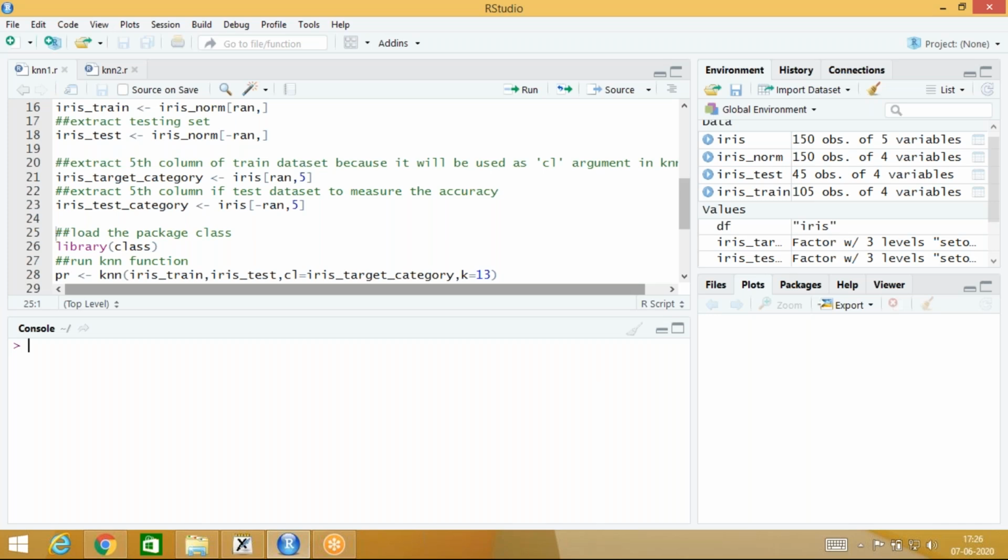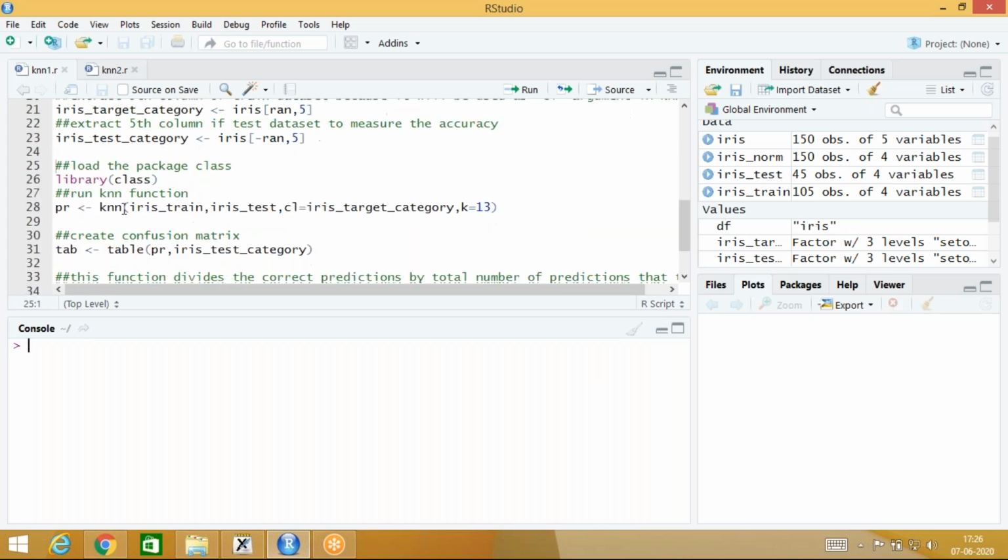Now under this class library, there is a function called KNN. See, remember, I have taken 105. So square root of 105 is 10. So I should take k equal to 10. Fair enough. So up to 10, 11, I am okay.